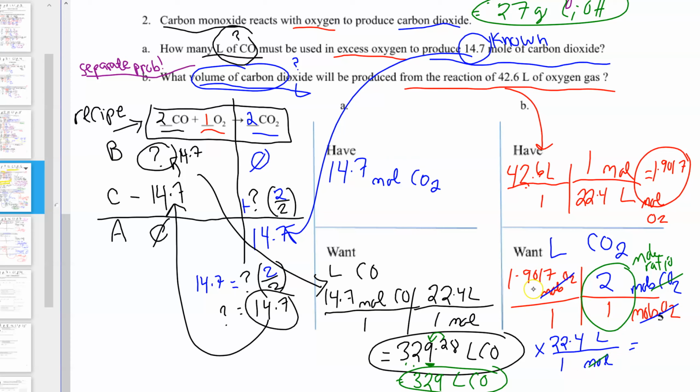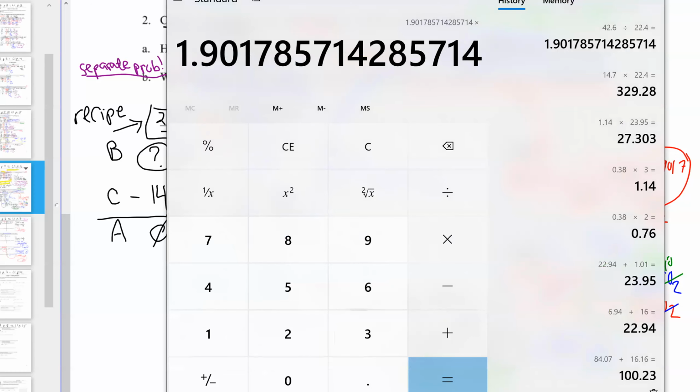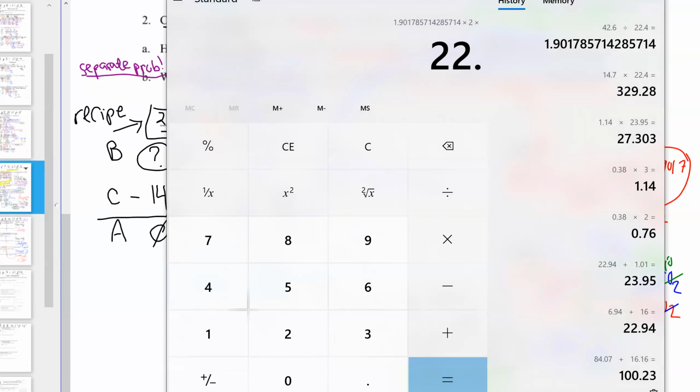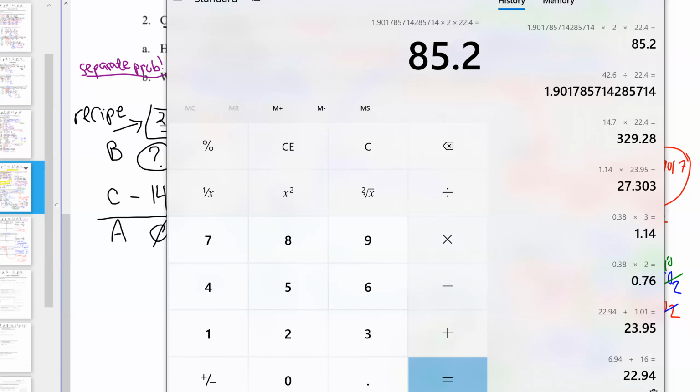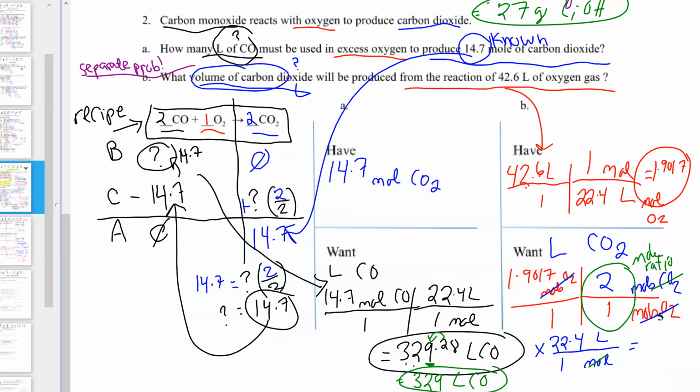So we're taking 1.9017 times 2 times 22.4, and you should get 85.2 liters. And how many sig figs? They wanted 3. That's perfect. That's what my calculator gave me back. That's liters of CO2. Okay, so that's the end of our first page.